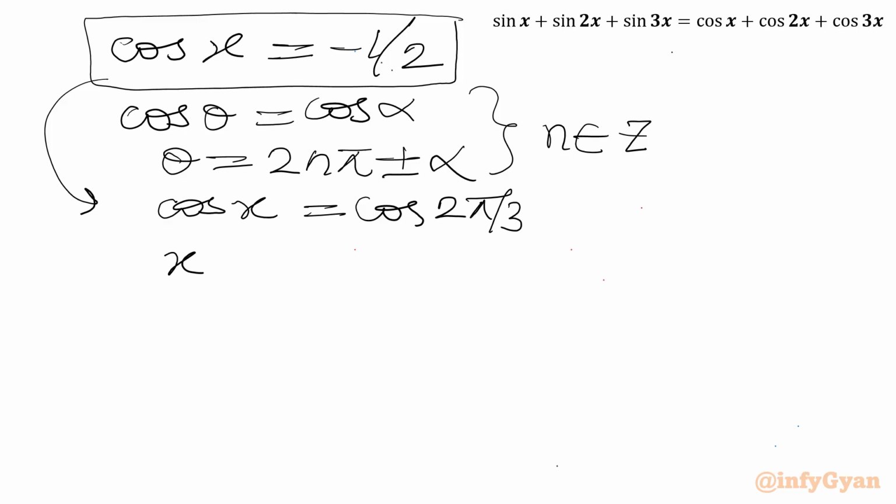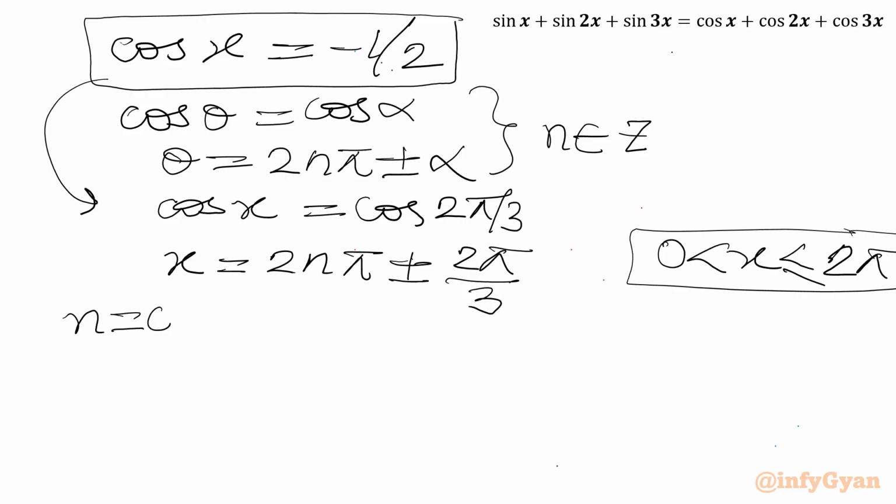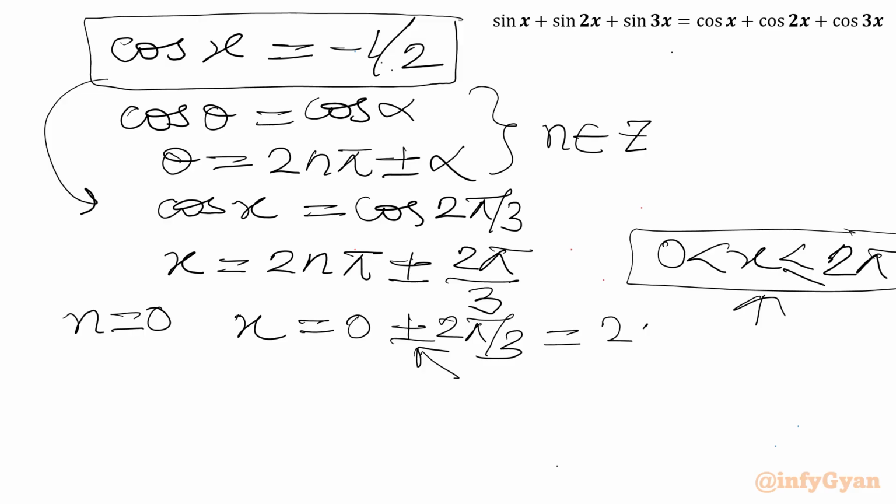Let's apply. X will be equal to 2n pi plus minus 2 pi over 3. Our x lies in the interval 0 excluded to 2 pi included. Now I will plug in n equal to 0 with the positive sign. So I will get x equal to 0 plus minus 2 pi over 3. We will reject the minus as our interval is 0 to 2 pi. So I will write only 2 pi over 3, which is in the interval.